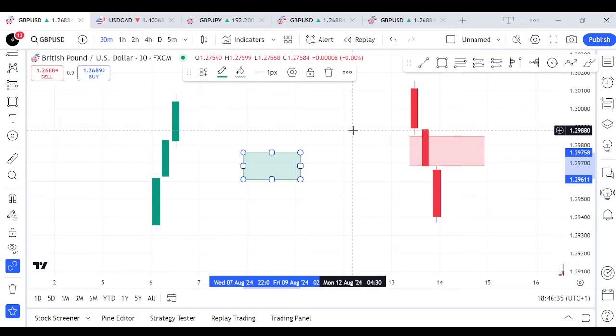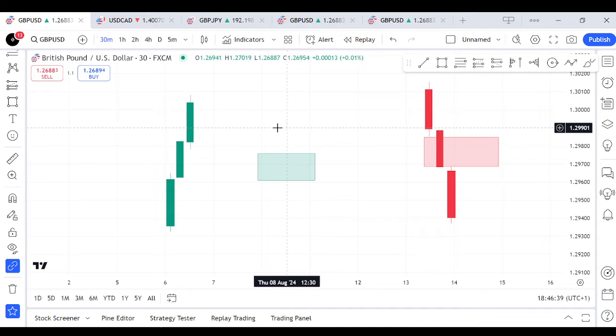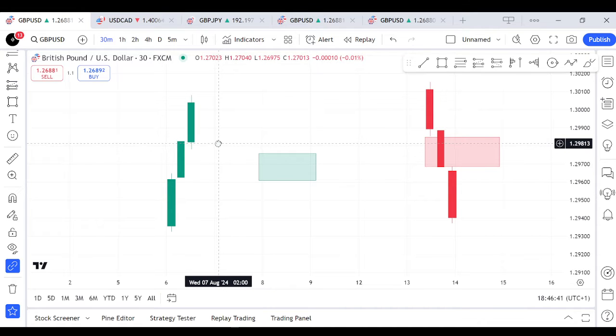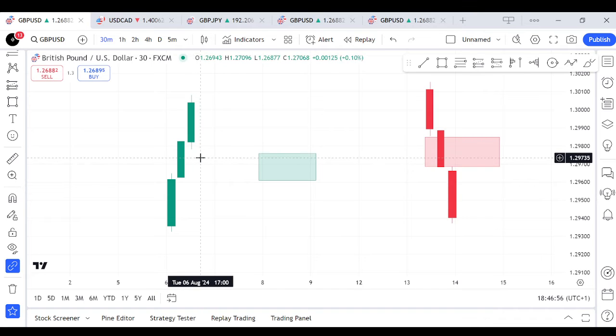It must not be consecutive, but it could. When we get to the chart, I'll explain that. So the middle candle makes a strong move, creating a gap between the first and the third candle. This gap represents an area where no actual trading took place, so it makes it a potential zone for price to return to in the future.